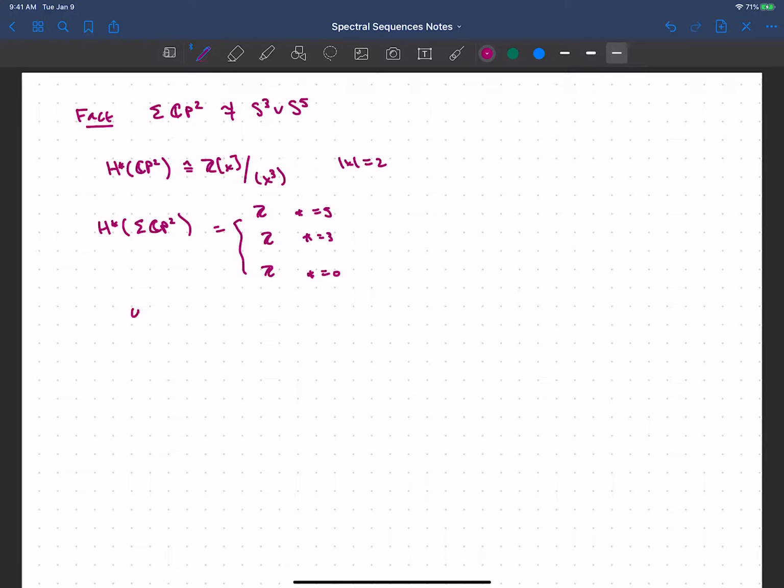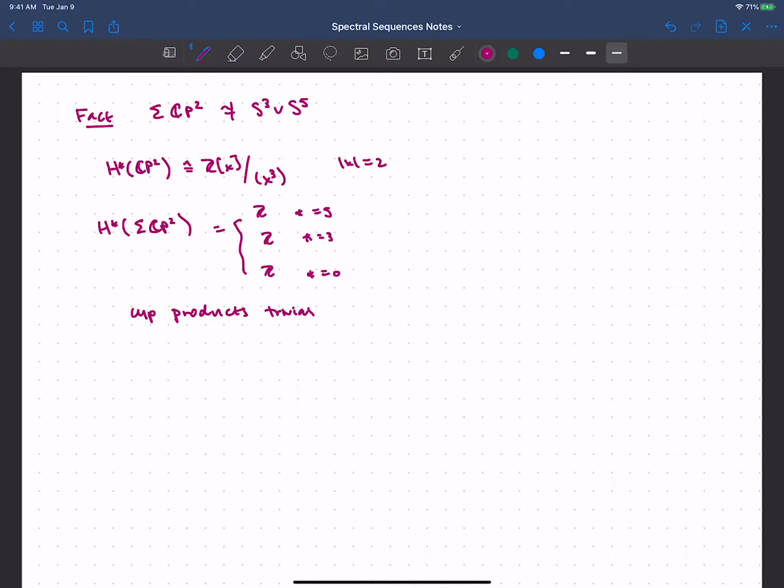And notice that the cup products here have to be trivial. Of course, if I took something in degree 3 and took its cup product with itself, I'm going to land in degree 6, which is 0 anyway, but also we know this is trivial because it's the suspension of something, and cup products are always trivial on the suspension.